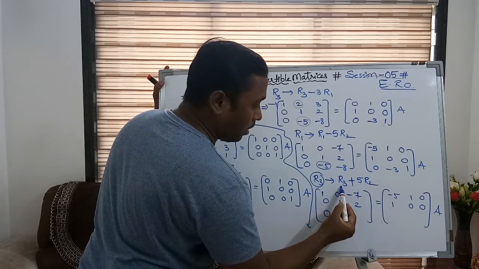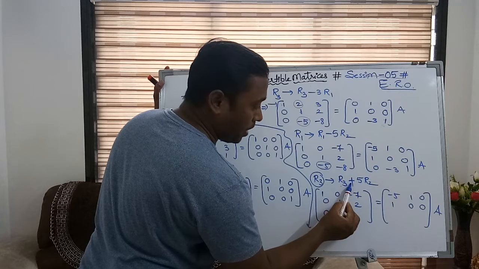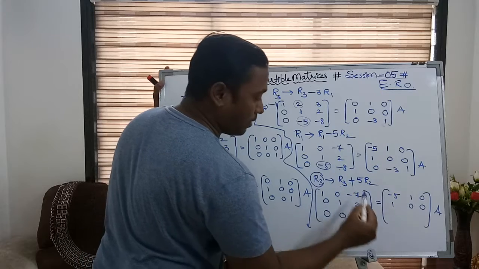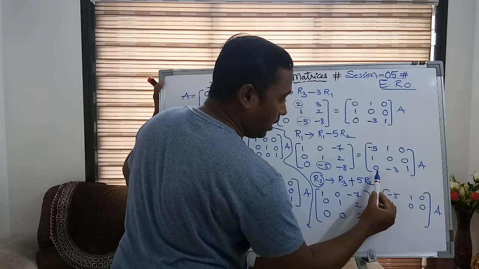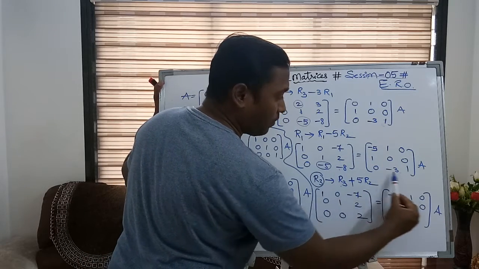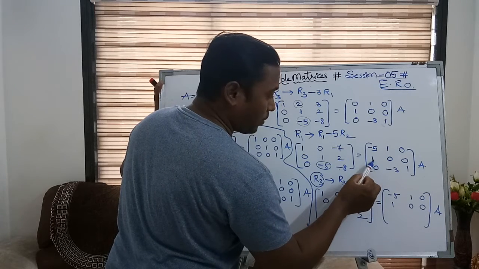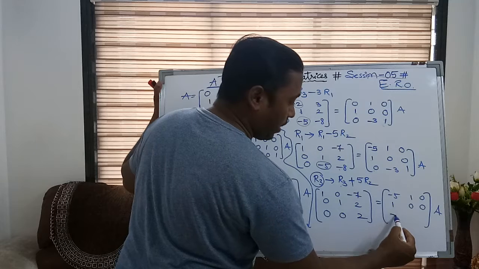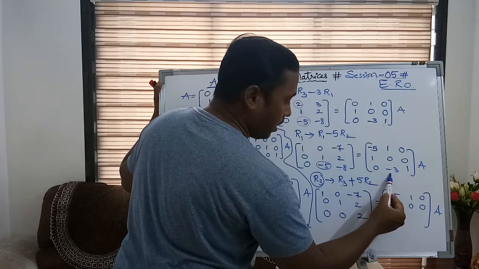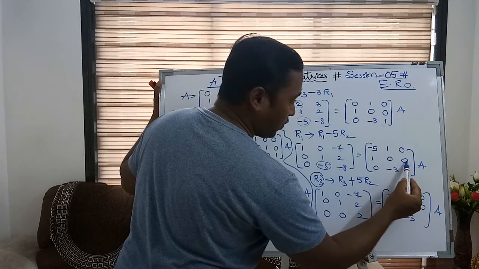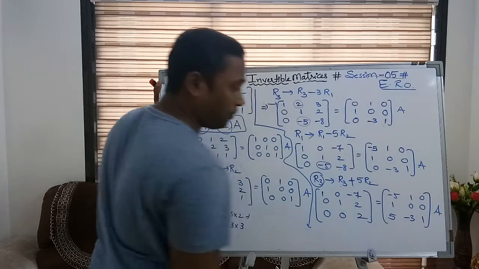Then R3, that is minus 8 plus 5 times 2, that is 10, minus 8 plus 10 will be 2. Here the same effect will go in the second matrix also. So R3, that is 0 plus 5 times 1 is 5, minus 3 plus 5 times 0 remains minus 3, 1 plus 5 times 0 is 1.